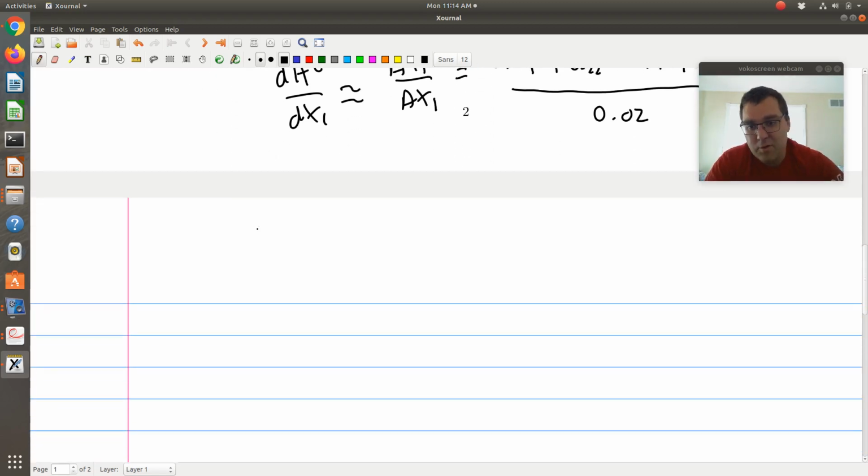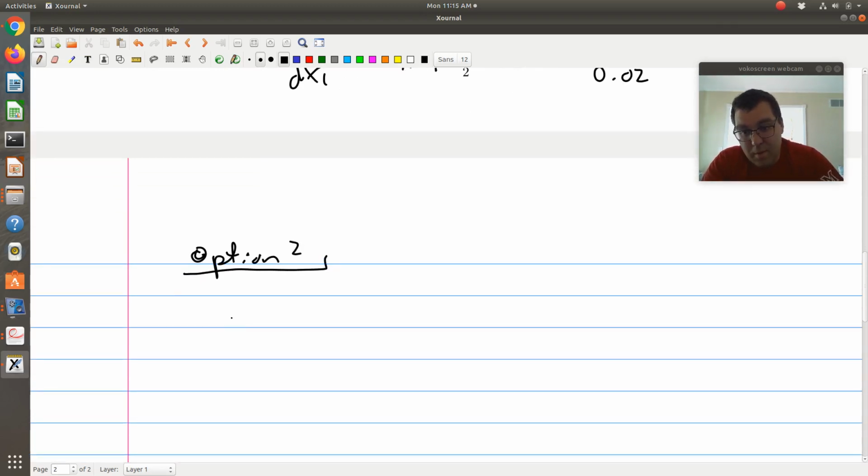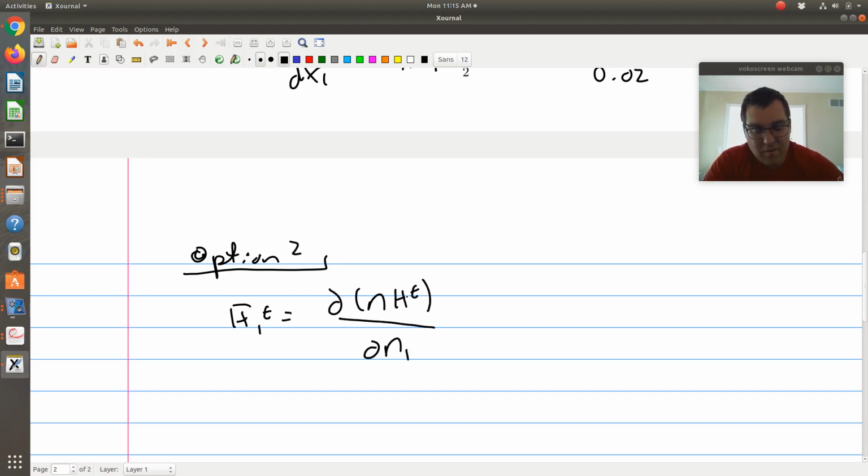Option 2, which is a little more difficult, would be that I could use the definition that h bar 1E is equal to the differential of n HE, the extensive excess enthalpy, with respect to the moles of your species of interest, keeping everything else constant.